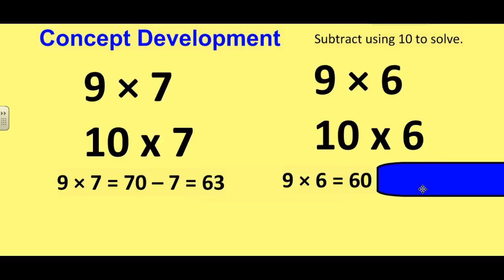So what do we need to do to 60 to figure out what 9 times 6 is? Remember, we added a group of 6 to make it 10 times 6. So to undo that, we need to take 6 away, and that's going to tell us what 9 times 6 is equal to. So I want you to take 6 away from 60 to figure out the answer to 9 times 6.